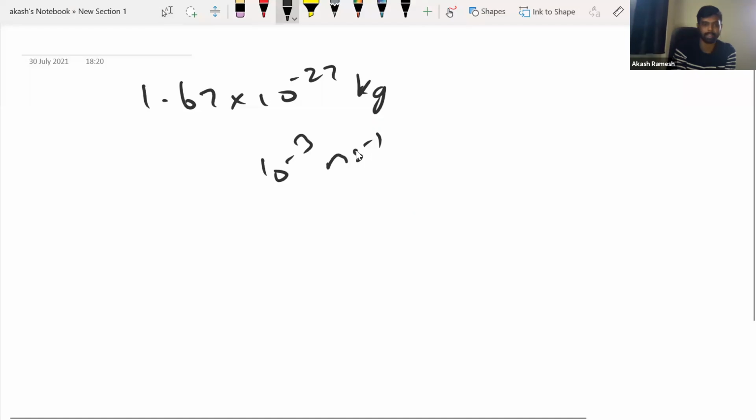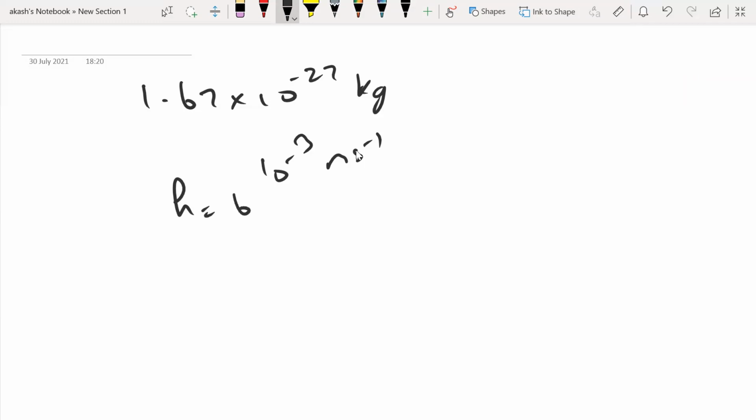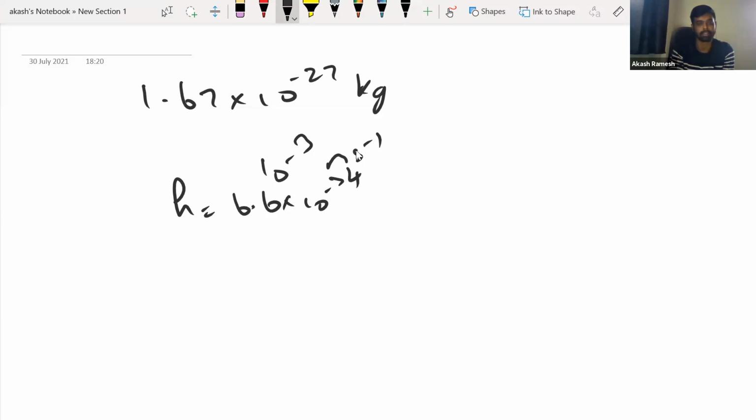What is the h value? 6.6 into 10 to the power minus 34. So all these values are there. Just substitute in the formula and tell me the answer, quick. And I want the wavelength in nanometers.